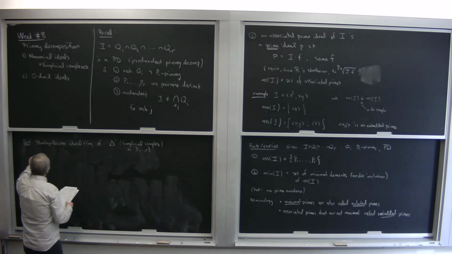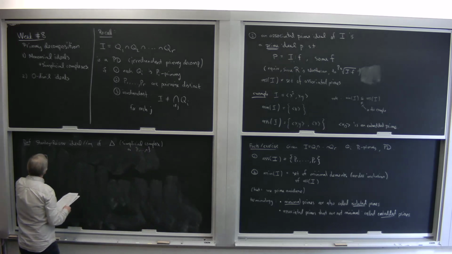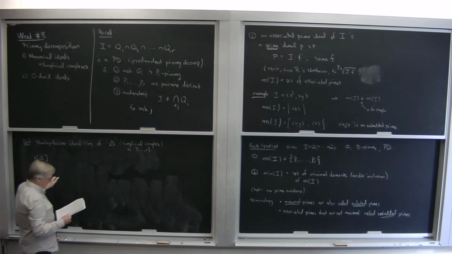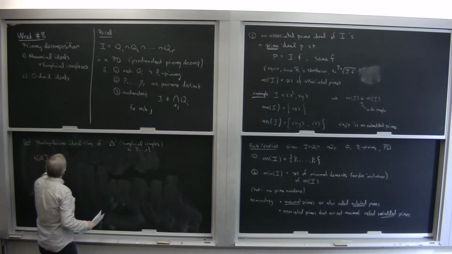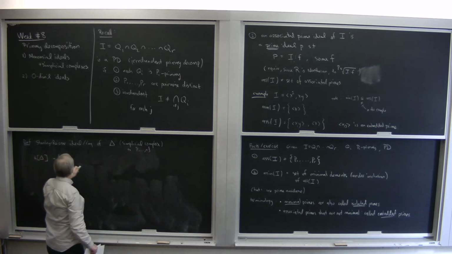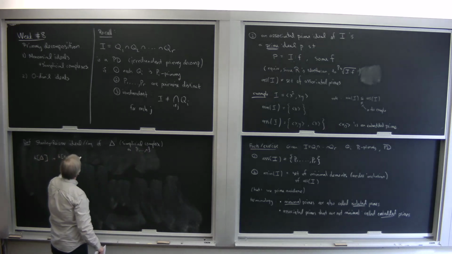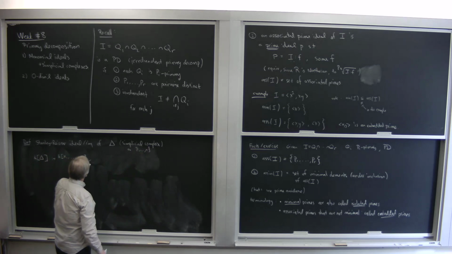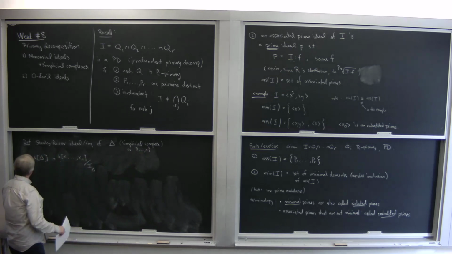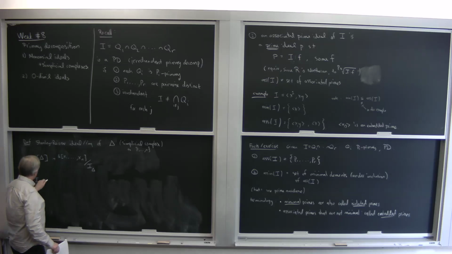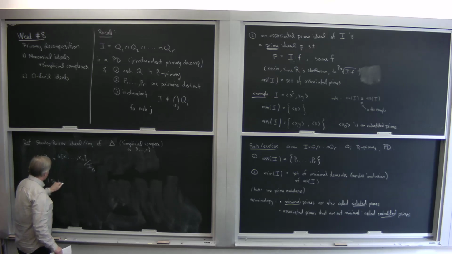So k of delta, this is the notation for the ring, and this is going to equal k of one variable for each one of these things and labeled as whatever you want them to be, but we'll use x1 to xn. And it's modulo some ideal, which is going to be I delta. And I delta is the Stanley-Reisner ideal.